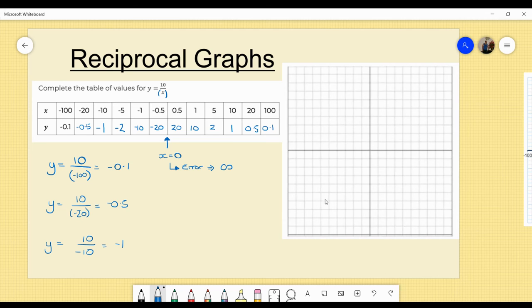Okay, so now I want you to make sure that you've got a set of axes drawn, and we need to make sure that our x-axis goes from -100 up to +100, and that our y-axis needs to go from -20 up to +20, but we will have some small values to plot. Remember, your scale needs to be equal throughout, so I'm just going to get you started. On this one, I need to make sure it goes up to 100, and therefore I would go up in 20, so 20, 40, 60, 80, and 100.